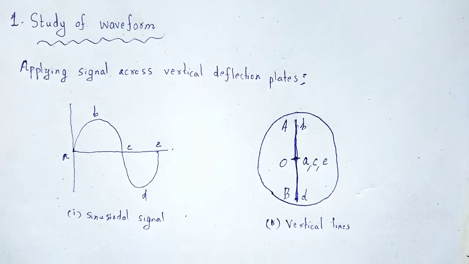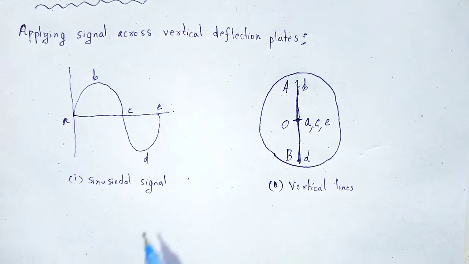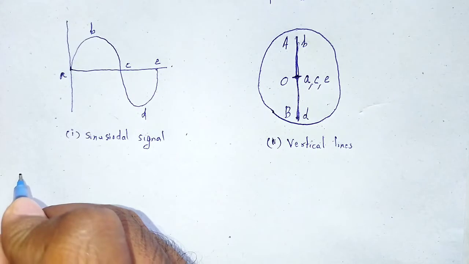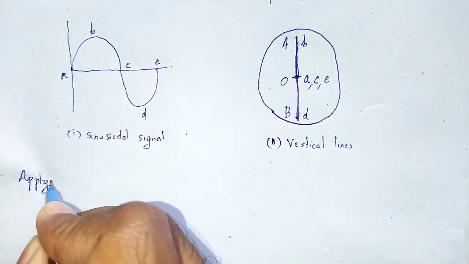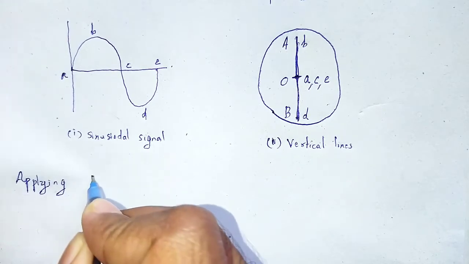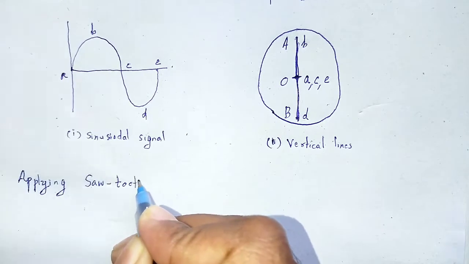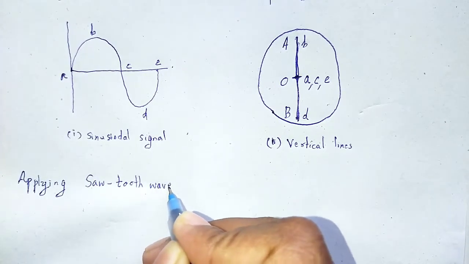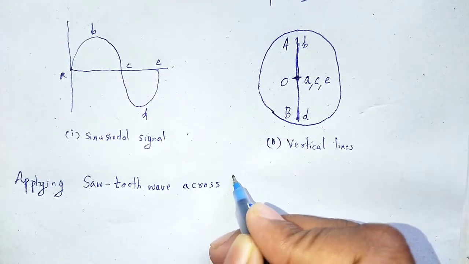In the next step, we apply a sawtooth wave across the horizontal deflection plates.